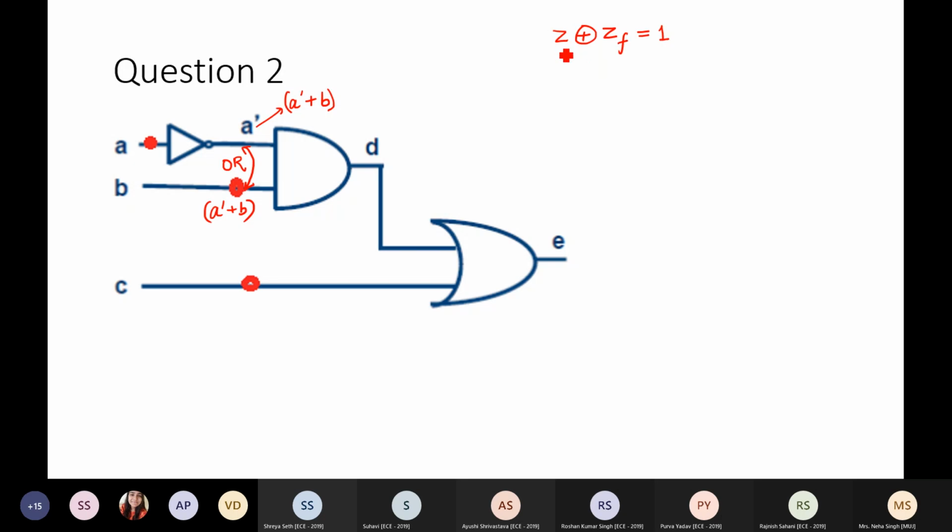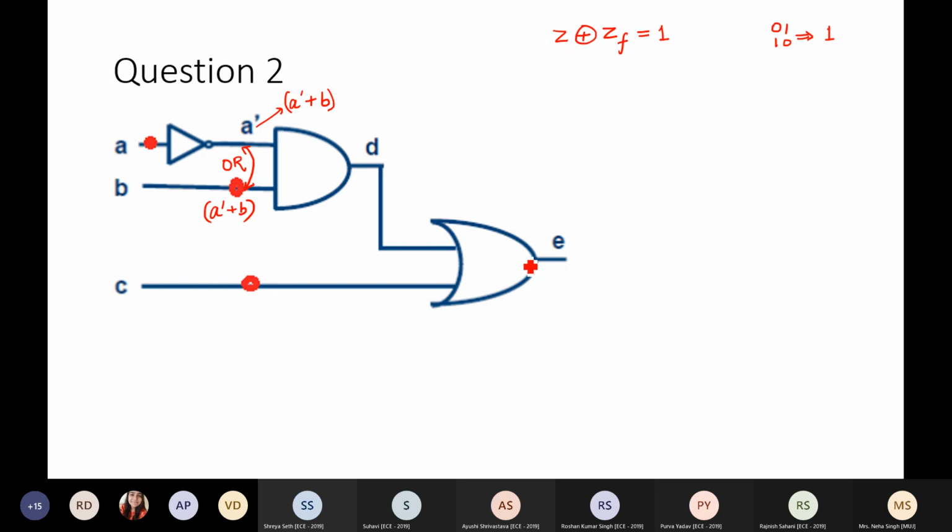Either the output is non-faulty or it is faulty. So either of the two conditions is true, then only the output is 1. If both are 0 0 in the XOR gate the output is 0, and if both are 1 then also the output is 0. So it is never possible.